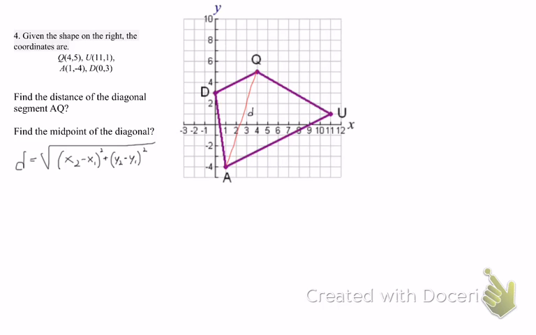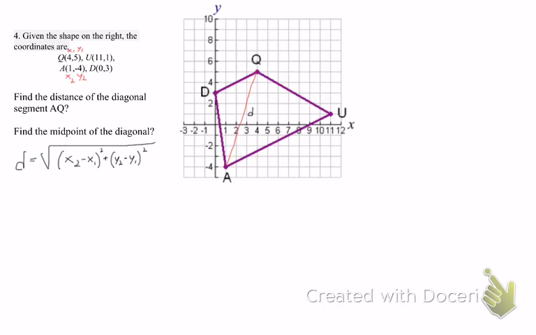So remember, the first thing we want to do is label our x2s and y2s and x1s and y1s. So we'll say that Q, which is at 4, 5, we'll label it up here as our x1 and our y1, and we'll label A as our x2 and y2, like so.